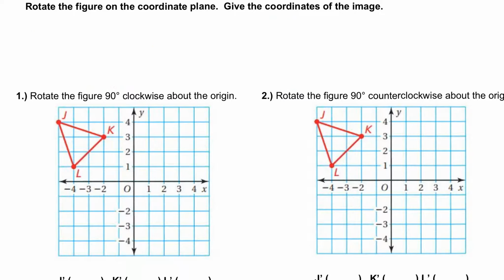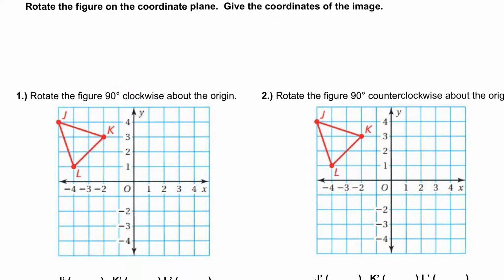Okay. K prime, or our new coordinates for K are right 3, up 2, or (3, 2). So those are going to be the coordinates for K prime. And our coordinates for L prime are right 1, up 4. So that makes L prime (1, 4).